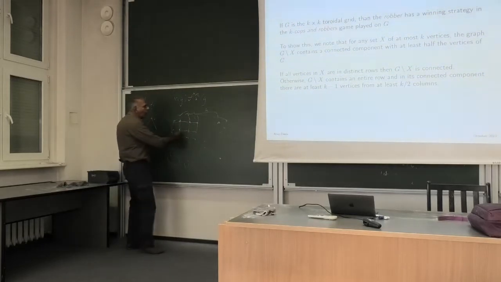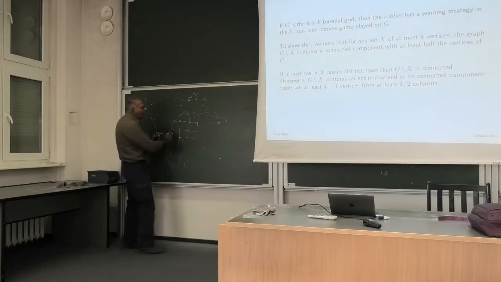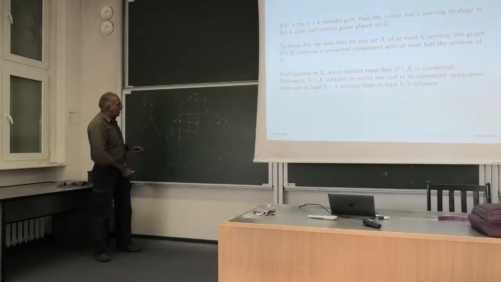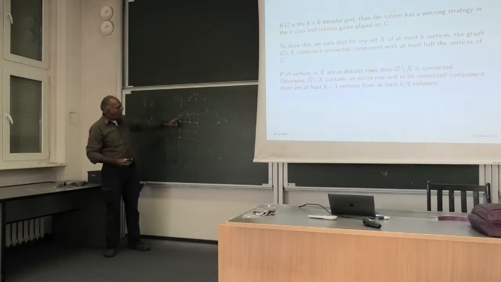That means for some row, there's no element of X at all, right? Now I claim this row, I have one row which is free of X. Look at the columns. If a column contains 0 or 1 elements of X, everything else in it is still connected to this row, right?